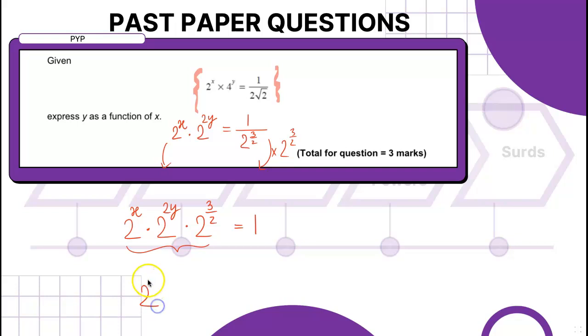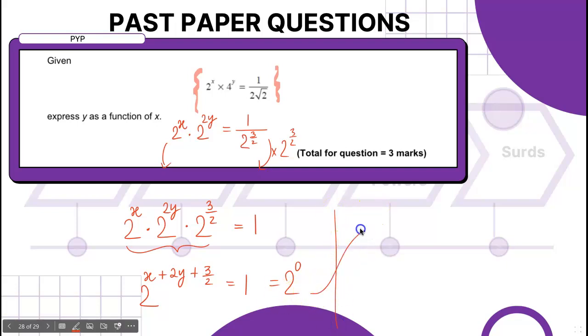So it would be 2 to the power of x plus 2y plus 3 by 2, that is equal to 1. And we can write 1 to be 2 to the power 0. So the indices give us x plus 2y plus 3 halves is 0.